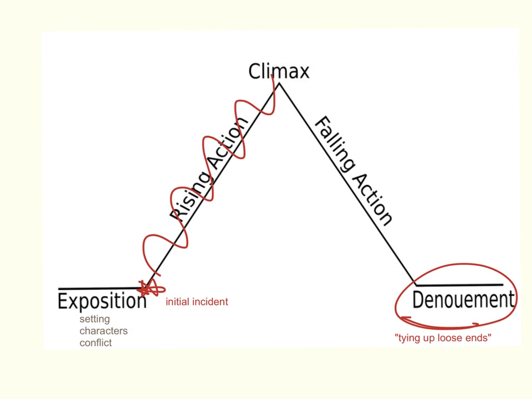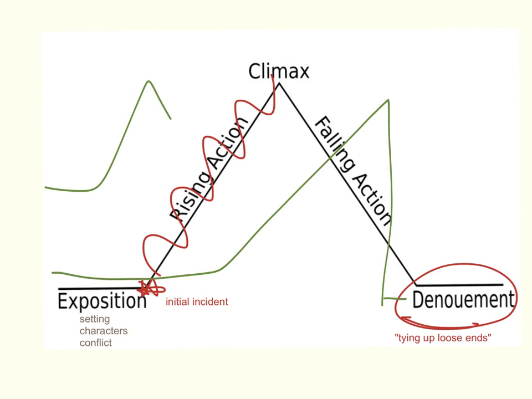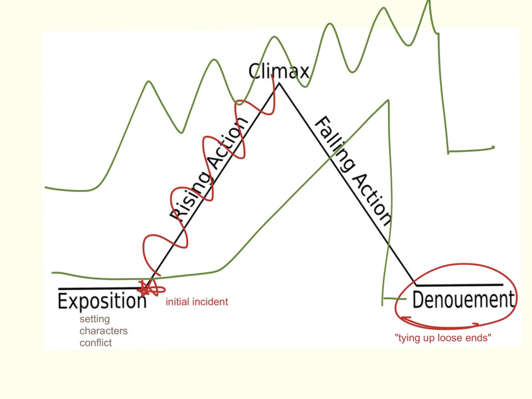So there's a lot of stuff here that happens in the denouement that maybe wouldn't have happened in the falling action. Sometimes your plot diagram looks like this, and other times it might drop off more dramatically. Like, you may not have a lot of falling action per se, but more like it's done. Here's the little denouement here, okay? Sometimes you may have things going like this all the way up and then drop off.